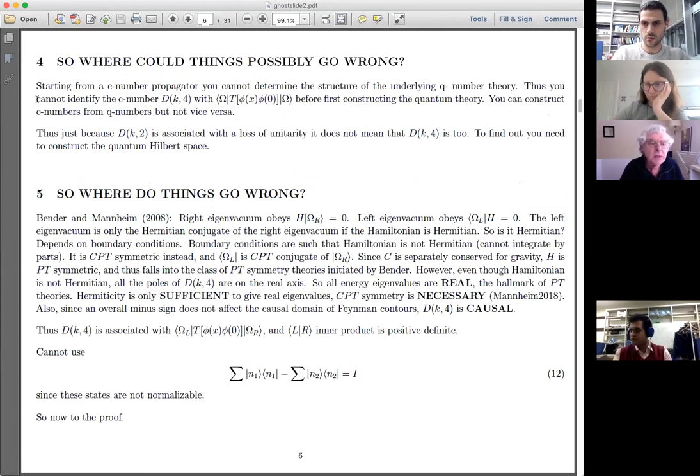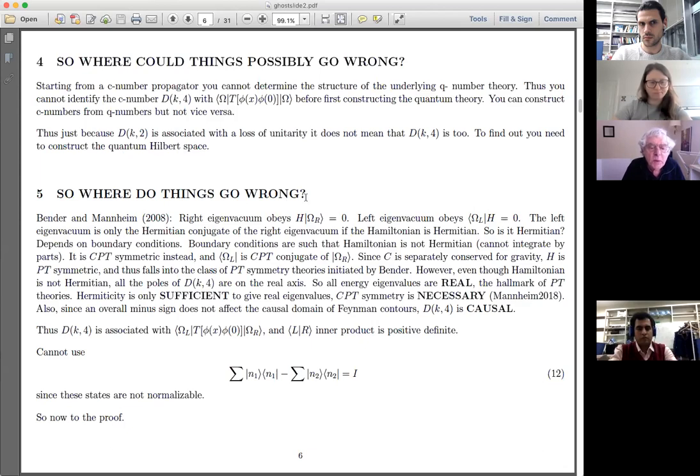You can construct C numbers from Q numbers, but not vice versa. Secondly, just because the second order Pauli-Villars is associated with the loss of unitarity, it does not mean that the fourth order one is too. In order to find out, you need to construct the quantum Hilbert space first. So that's where things could go wrong.